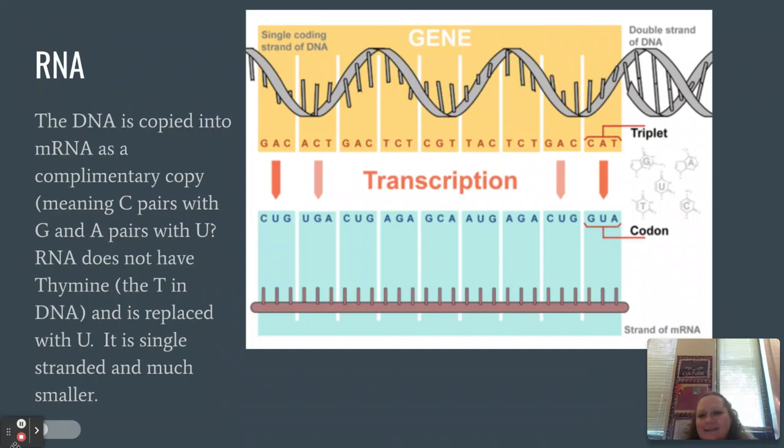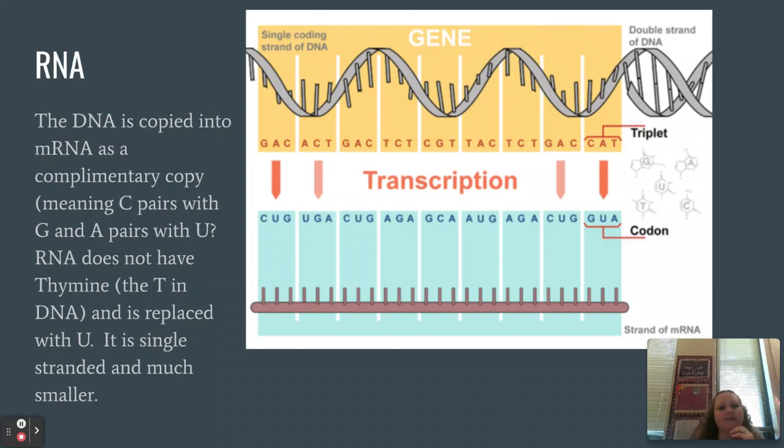So I've said it several times now, but I'm going to show you again. That DNA is going to be transcribed into mRNA. It's a complementary copy. When we talked earlier about the complementary strand of DNA, I said you might be asked to do this with RNA, and that's exactly what we're doing here. G still pairs with C, and A is now going to pair with U, because there is no T in RNA.